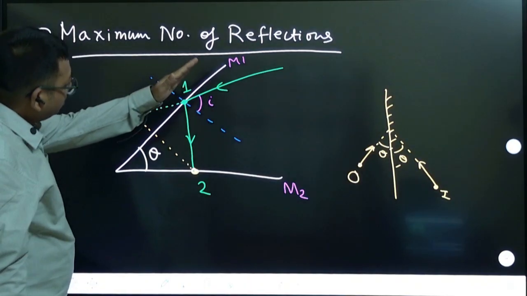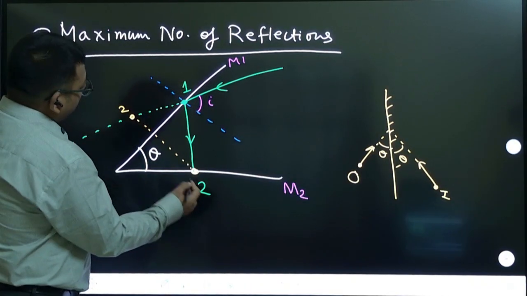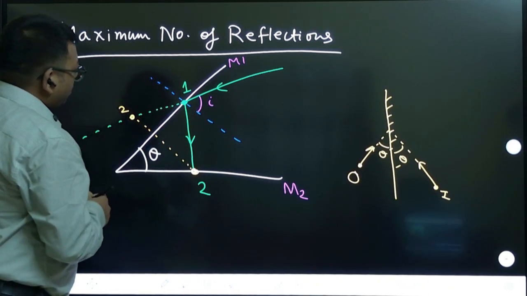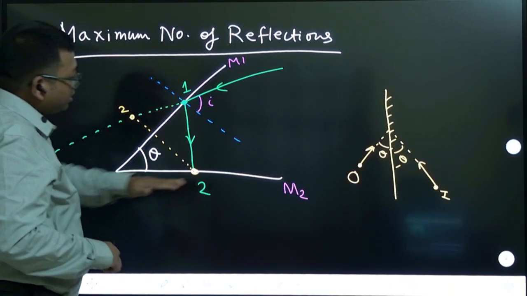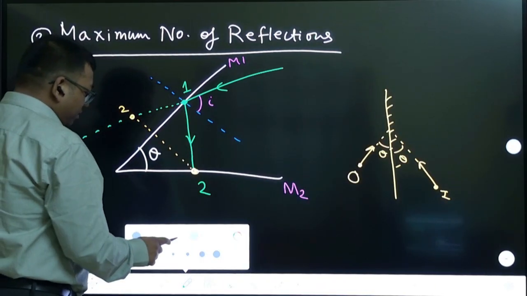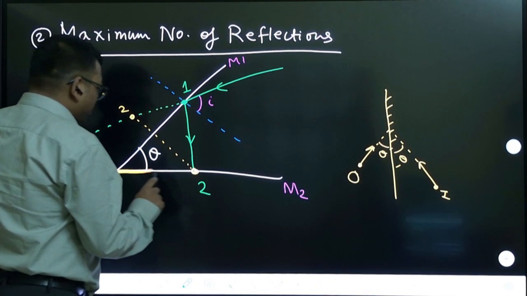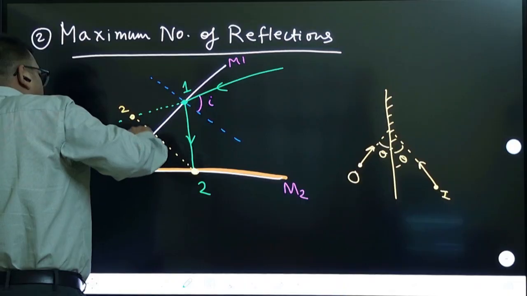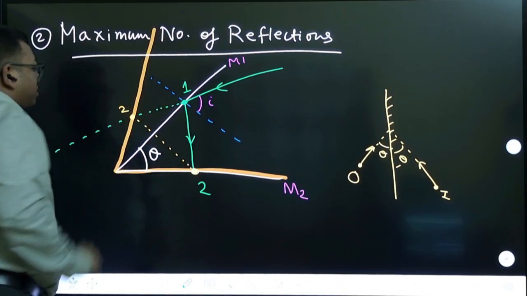So assume the same thing here: this is the plane mirror, this is the object, this is the image, exactly symmetric. So what we can do is reflect this entire mirror here. This second mirror can be reflected in this first mirror like this.